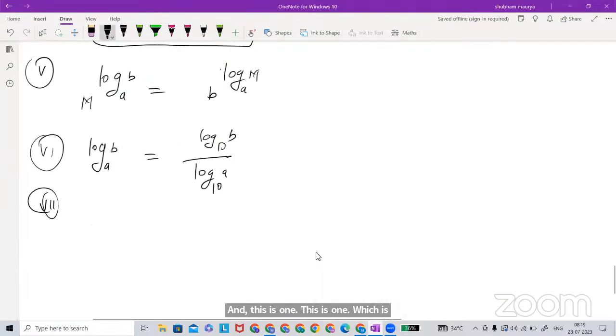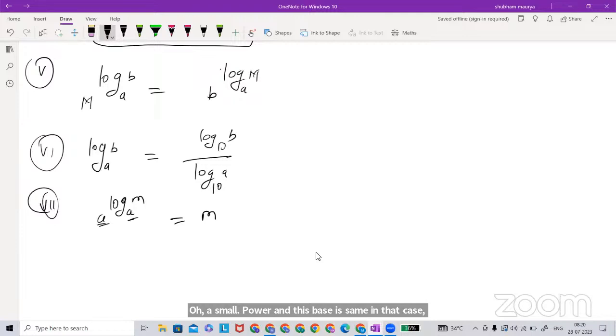The seventh one is A to the power log of B, with the same base A, and this is m, or small m. The power and the base are the same. In that case, this is m. This can be easily proved.